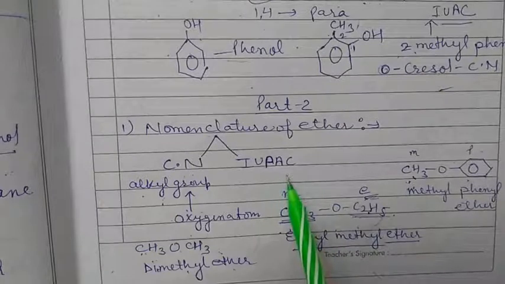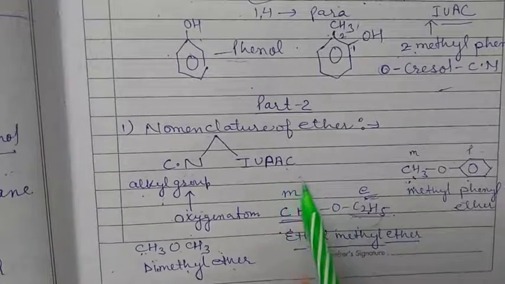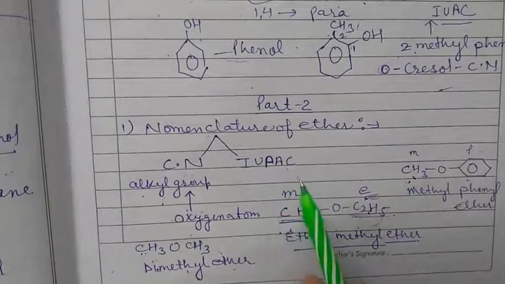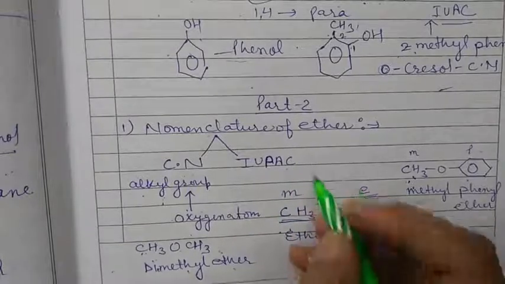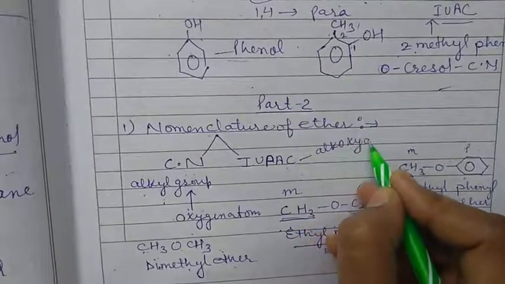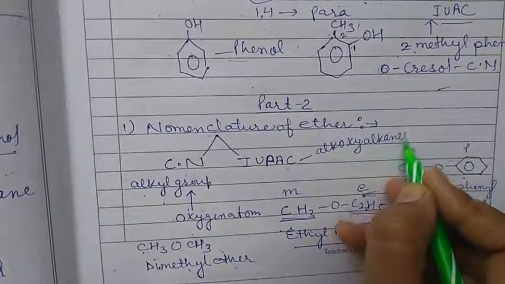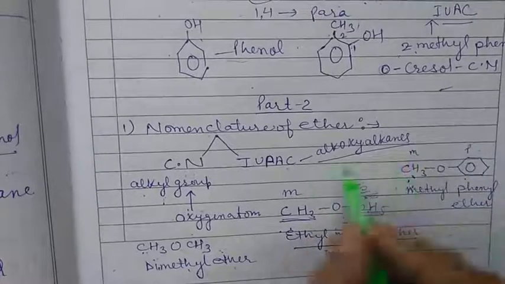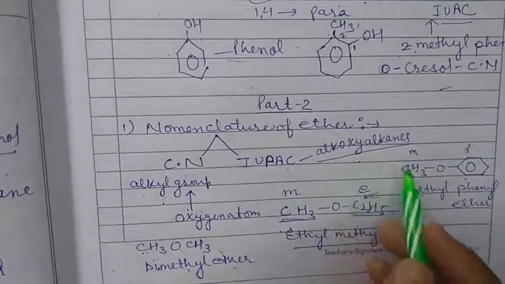Now the next one is the IUPAC name. According to the IUPAC system, ethers are named as alkoxyalkane.